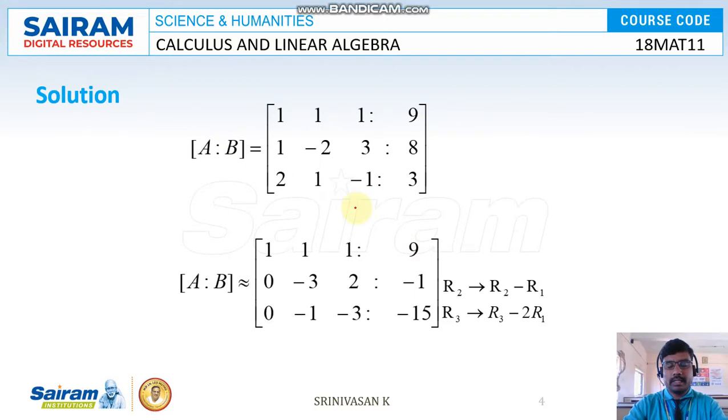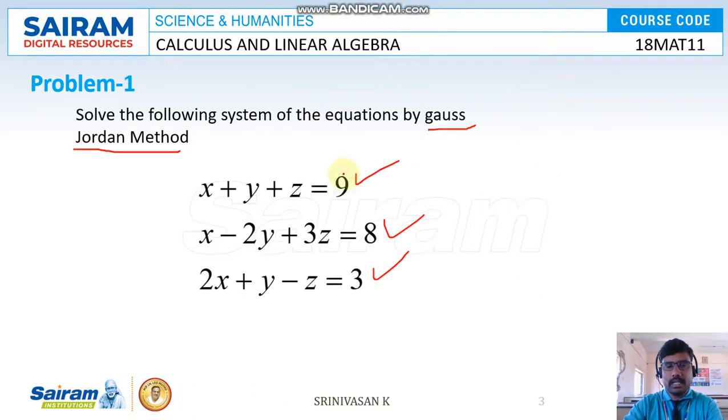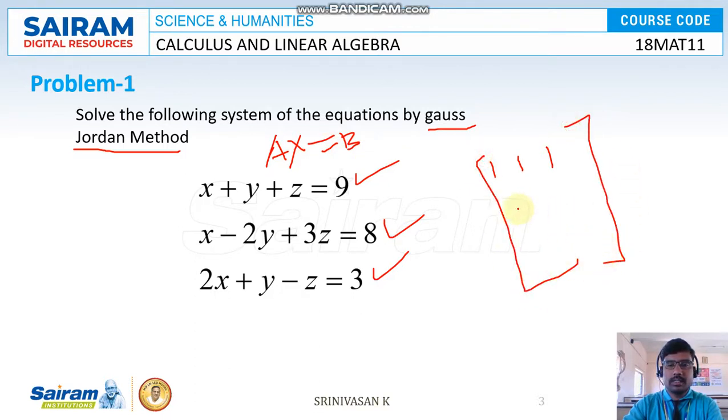So write the matrix A. What is A? A is the coefficient matrix. Here the coefficient matrix is 1, 1, 1; 1, minus 2, 3; and 2, 1, minus 1.